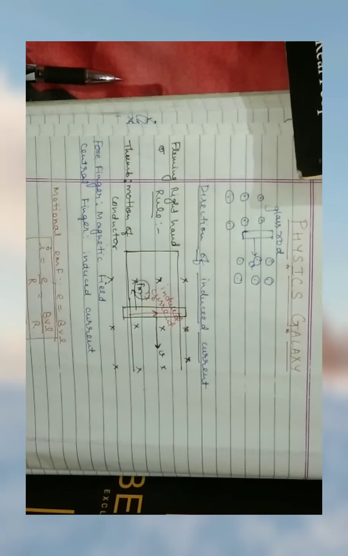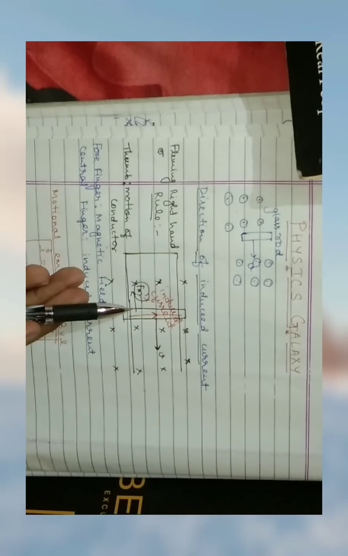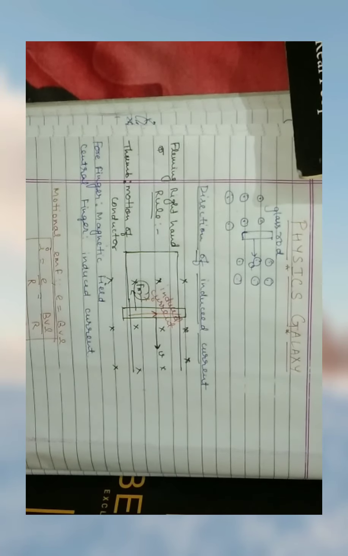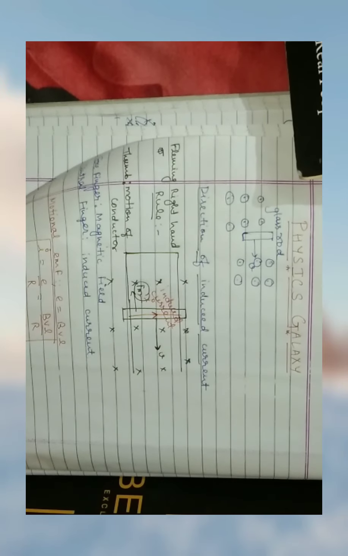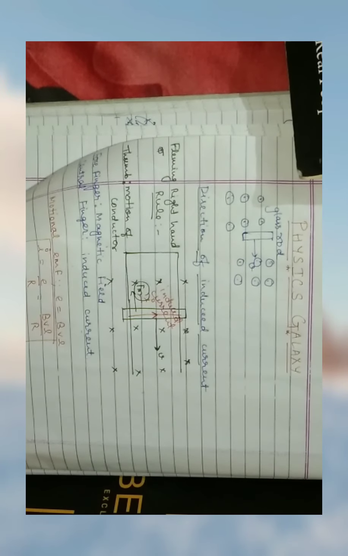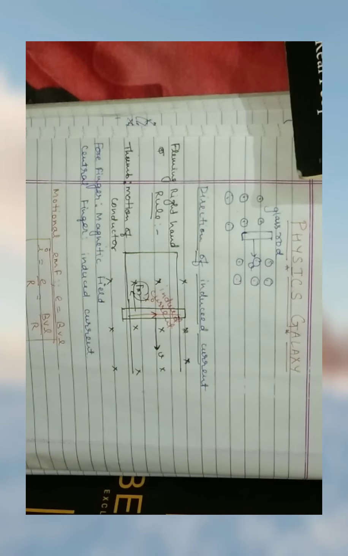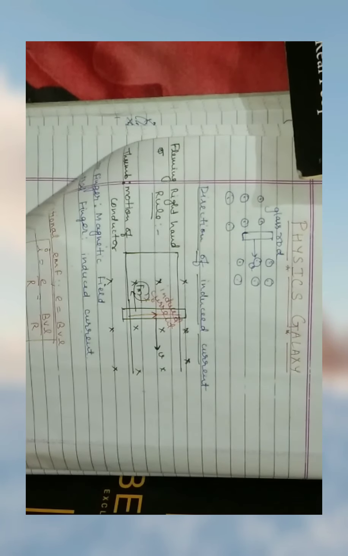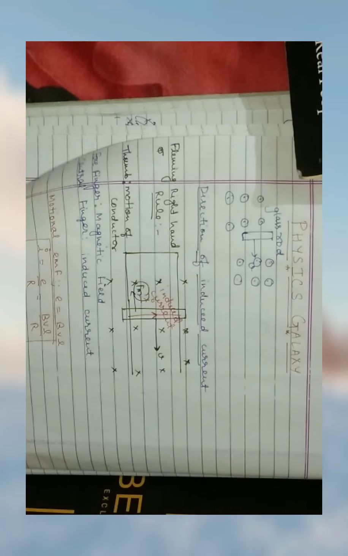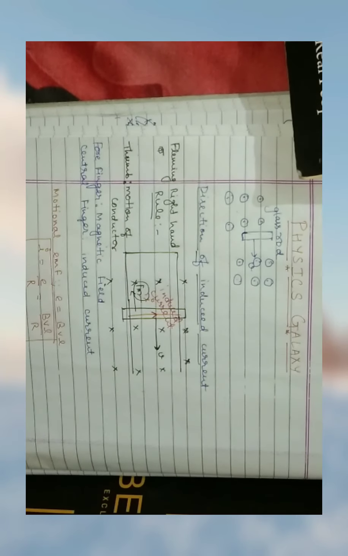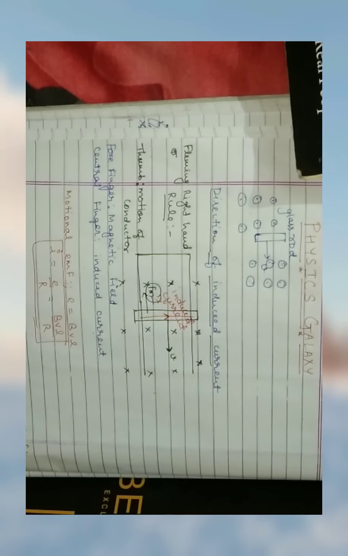As I told you in the previous video, motional EMF is about the motion of a wire in a magnetic field. It has been saved in my playlist, so you can watch that. That is part 3. In that part, I told you about the motion of a conducting wire in a magnetic field, and motional EMF: E is BVL.